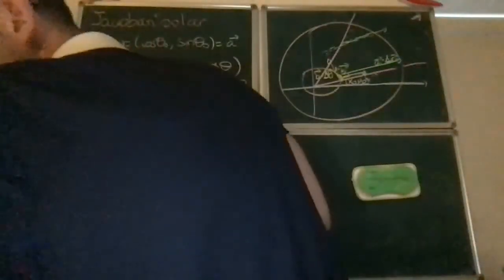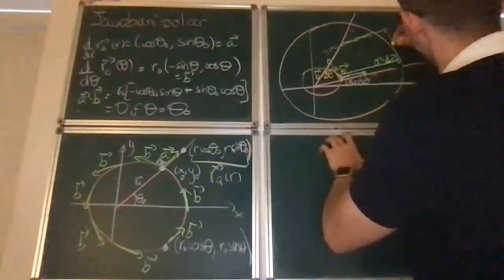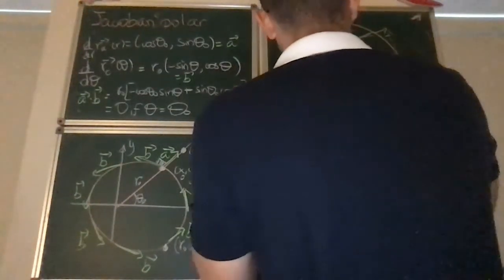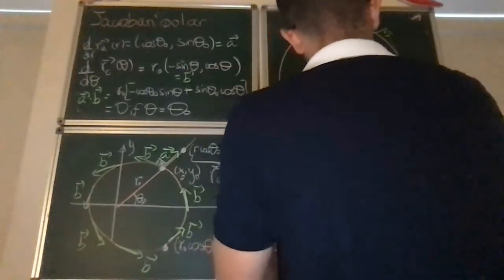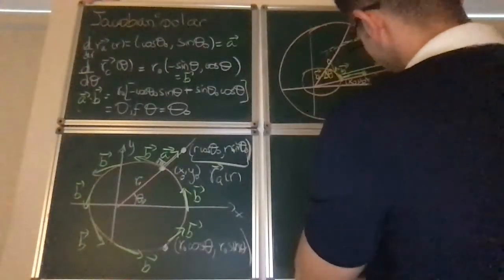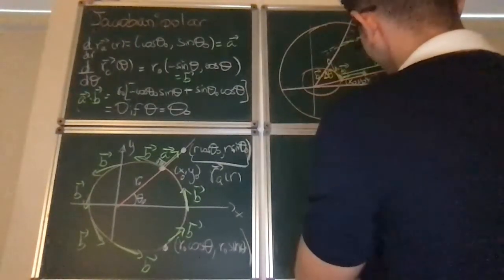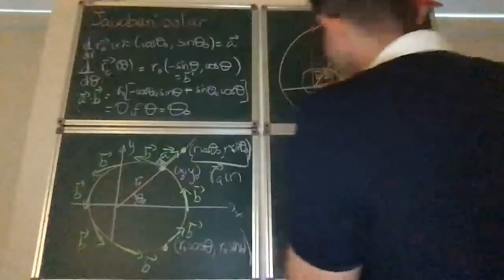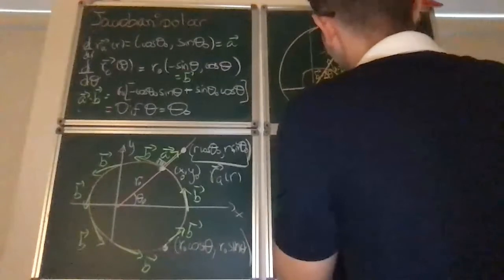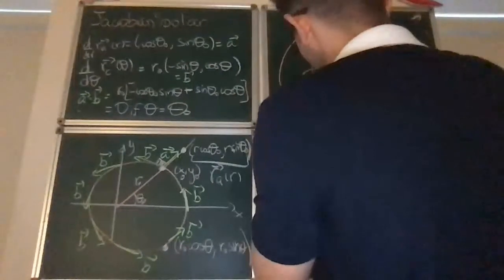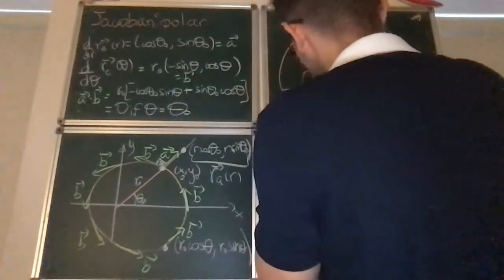basically you can try to draw a rectangle here. Let me draw it so that it's more accurate. You have a rectangle where one of the displacement vectors is a times delta r, and the other displacement vector is v times delta theta.